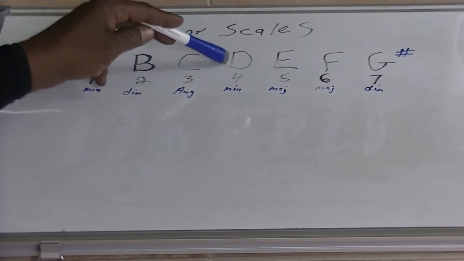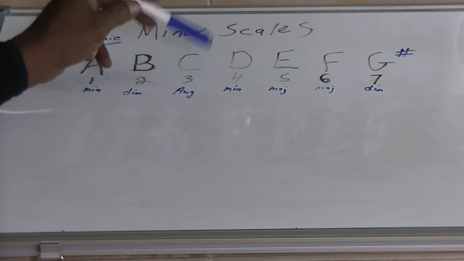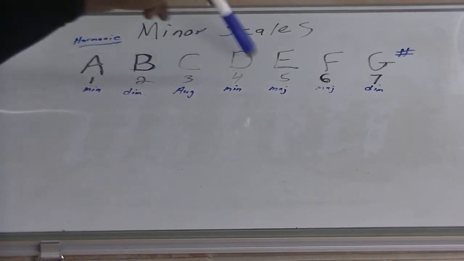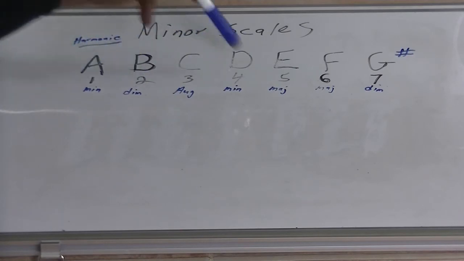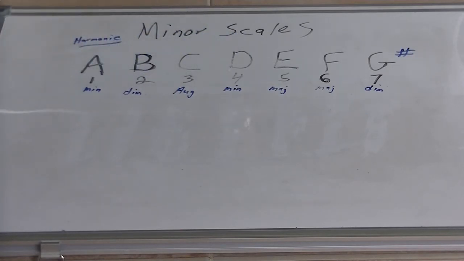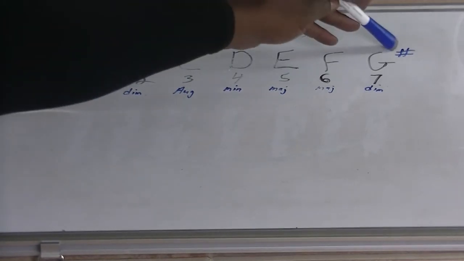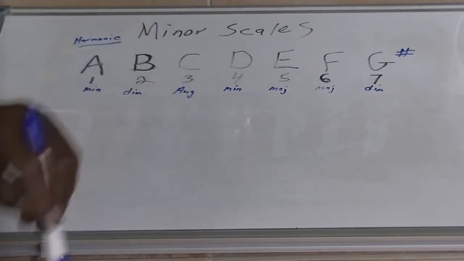Now when we look at the 4 chord, in this case the D chord, it remains minor. So of the first 4 chords that we have here, 3 of them are the same triads we have associated with the natural minor scale. However, because of the presence of this G sharp note, our C chord becomes augmented.